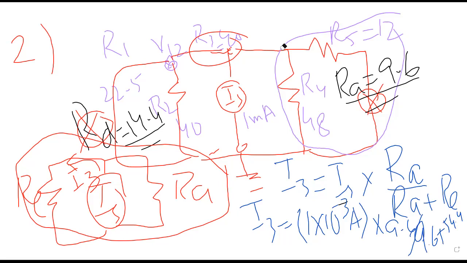So I3 will be 1 multiplied by 10 raised to the power minus 3, multiplied by 9.6, whole divided by 9.6 plus 54.4. This value is 0.15 into 10 raised to the power negative 3 ampere.